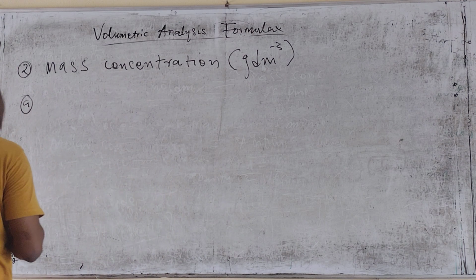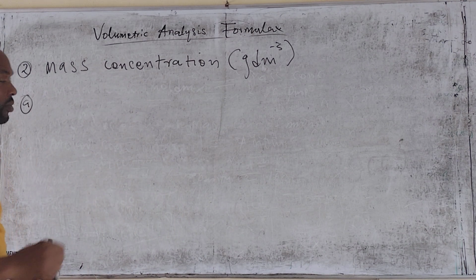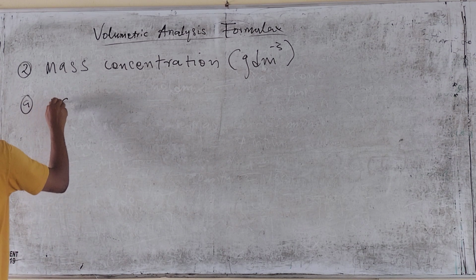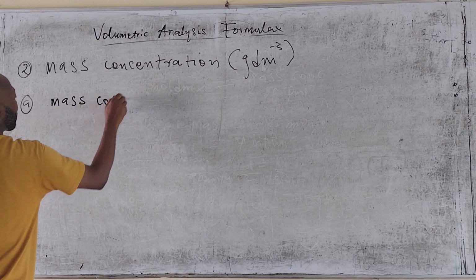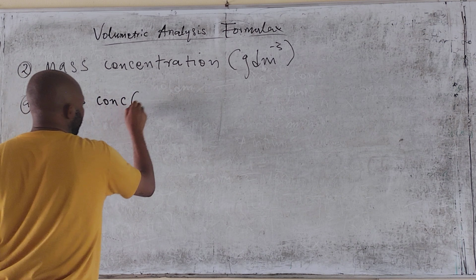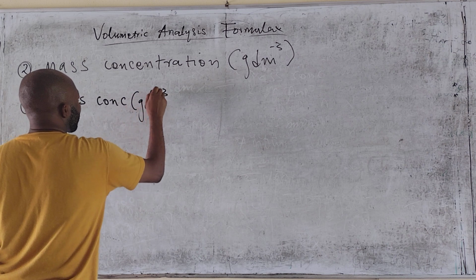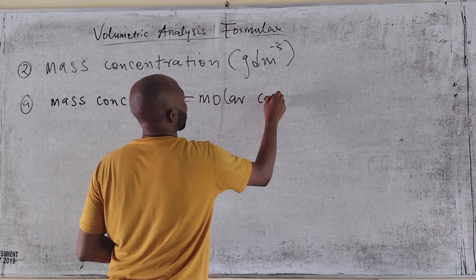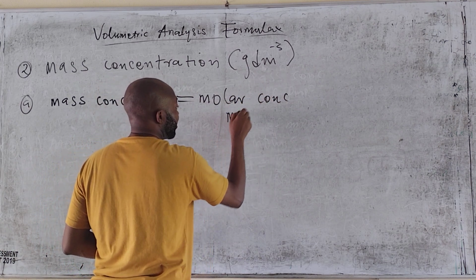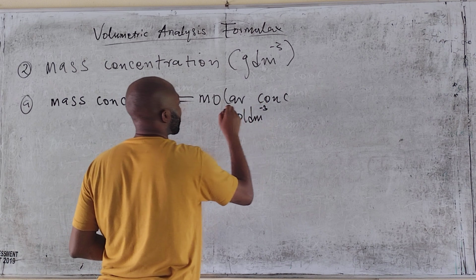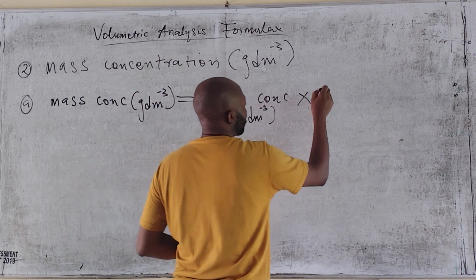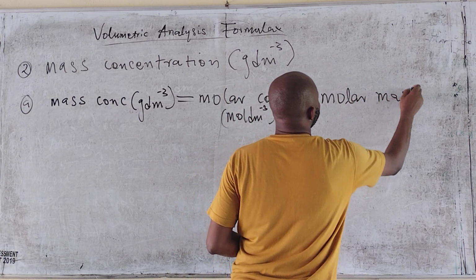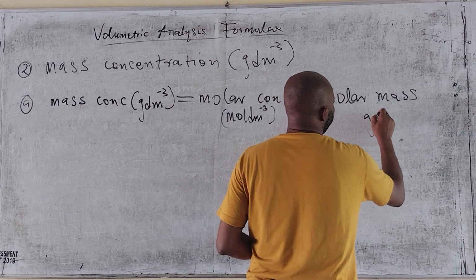A, mass conc in g/dm cube equals molar conc in mole per dm cube times molar mass in g/mol.